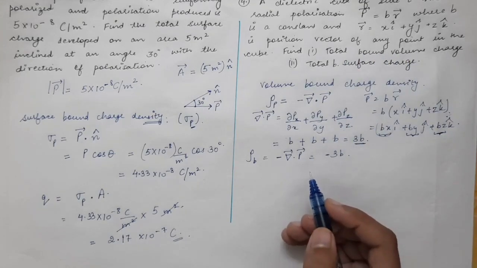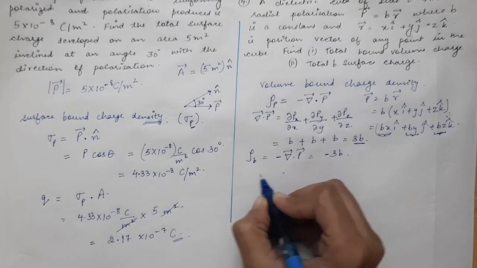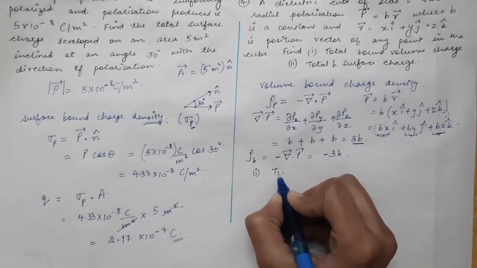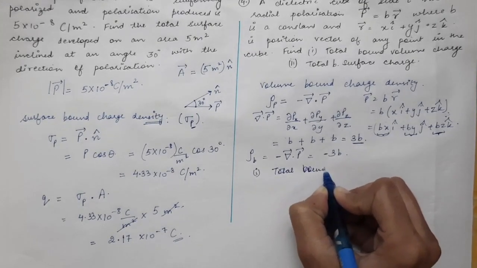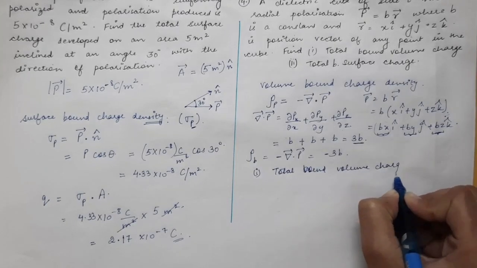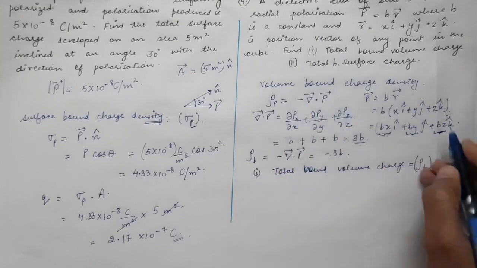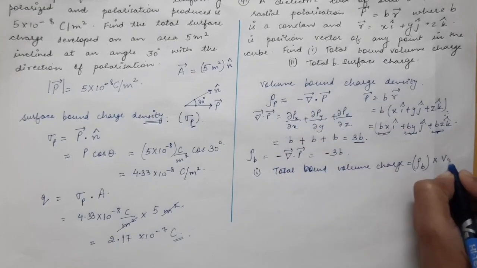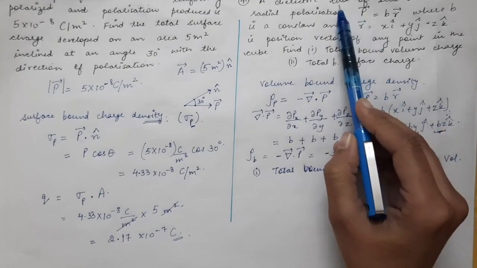So total bound volume charge will be equal to rho B, which is the volume bound charge density, times the total volume, and volume over here will be the volume of this cube.